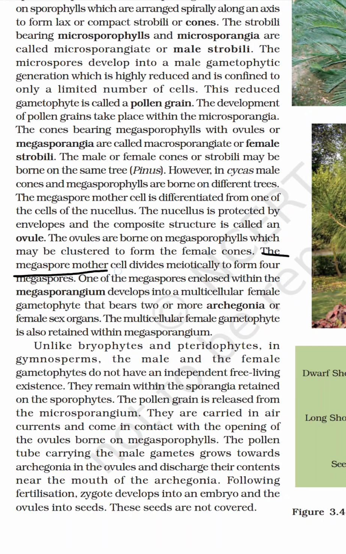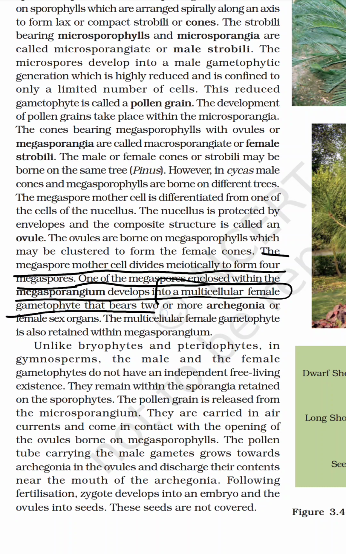The megaspore mother cell divides mitotically. When the megaspore mother cell undergoes reduction division, it forms four haploid cells. One of the megaspores enclosed within the megasporangium develops into a multicellular female gametophyte, which contains one or more archegonia, the female sex organs.